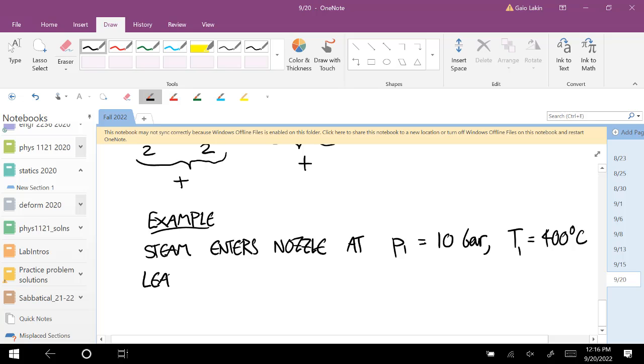And it leaves the nozzle at a faster speed and a lower pressure. So P2 is 3 bar and T2 is 200 degrees Celsius.